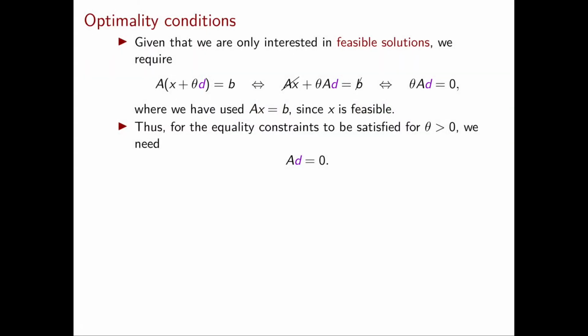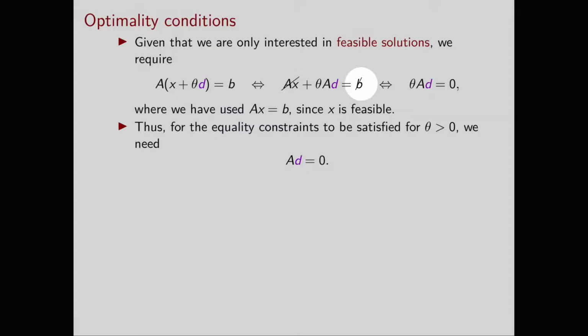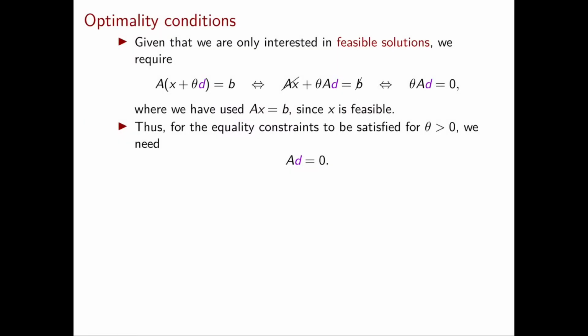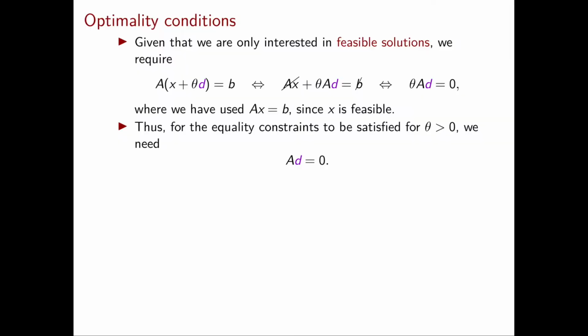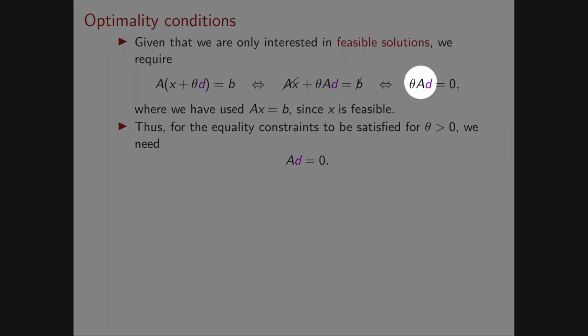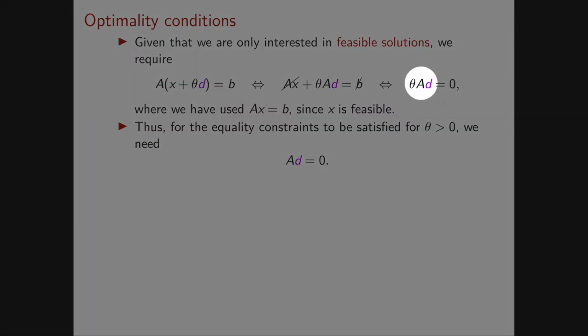We can expand the product and obtain Ax plus theta Ad equal to b, and we can then simplify this expression because we know that the original x was feasible, so Ax is equal to b. So we're left with theta Ad equal to 0. So if we want the direction to be feasible, then theta Ad should be equal to 0 for every theta positive and small enough. And this happens if and only if Ad is equal to 0.